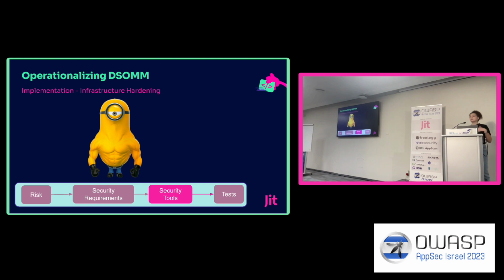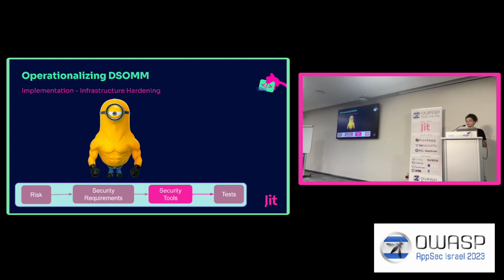Now, there is one more subdimension that I'm not going to talk about today, but I thought it was worth mentioning, and it's an important one. This is the infrastructure hardening subdimension. I'm not going to go over all the maturity levels, but I do want to share with you the open source tools that we chose in order to achieve those goals.